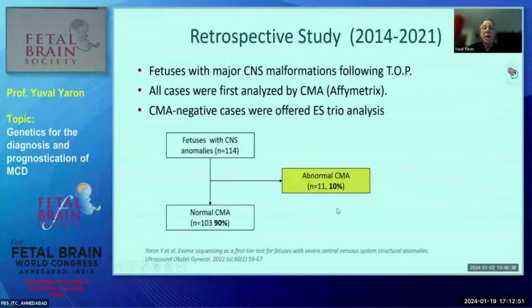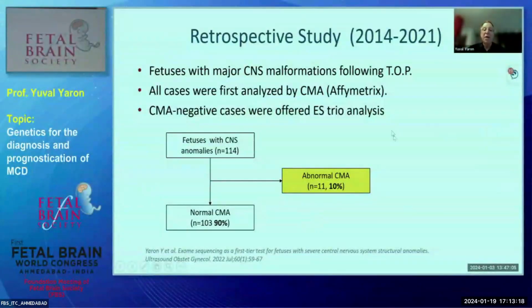We ourselves conducted a large-scale retrospective study of fetuses with major CNS abnormalities following termination of pregnancies, and all cases were first analyzed by chromosomal microarray. Of the 114 cases, microarray detected abnormalities only in 10%, so 90% were not detected.